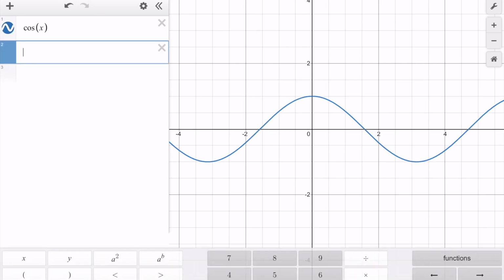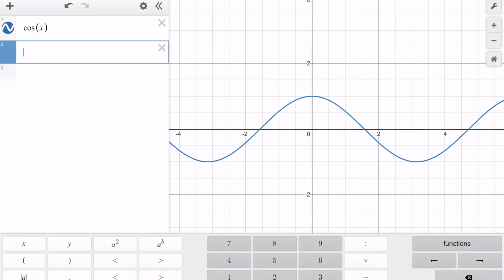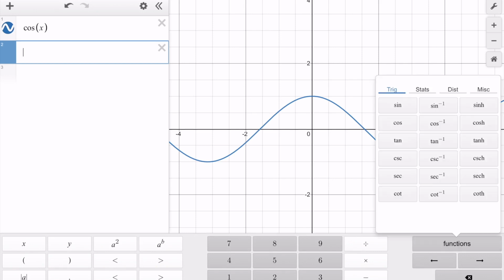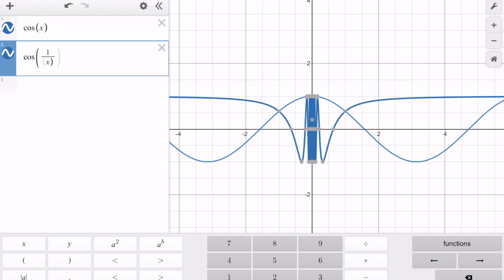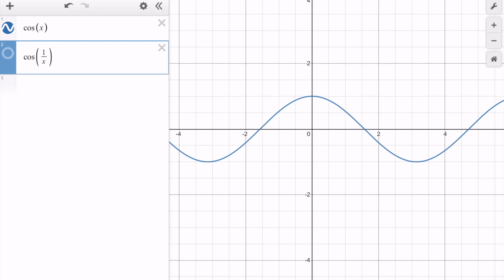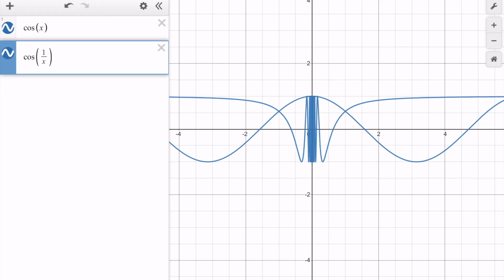But now I want to compare this with the same function, cosine, but the argument would be the reciprocal of x, which would be 1 over x. It's not allowing me to use a different color, so let me erase the first graph. So here's cosine of 1 over x.